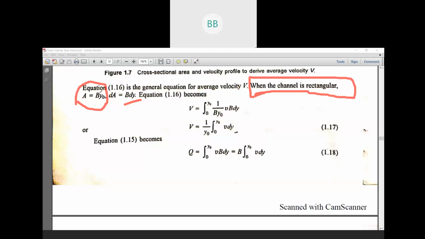The width of the channel in both cases is the same as we are considering a rectangular channel. First we have to set the limit, from 0 to y naught, as y naught is the maximum depth of flow.